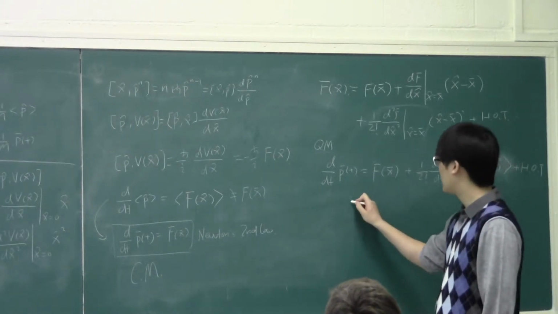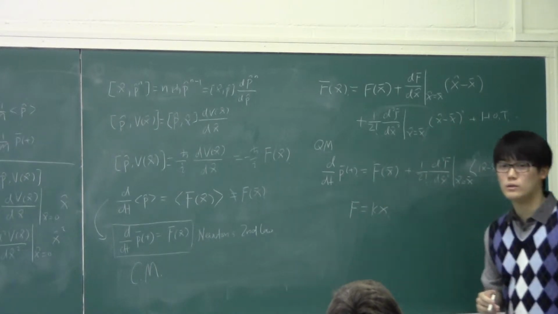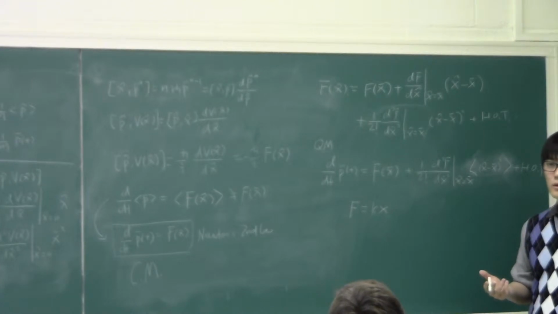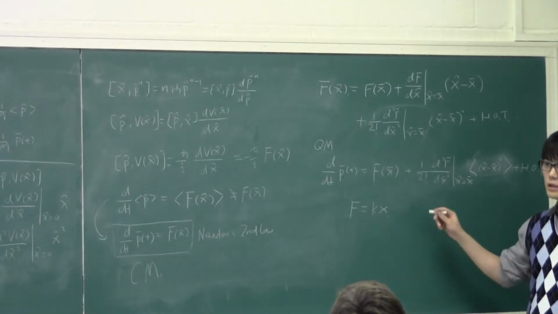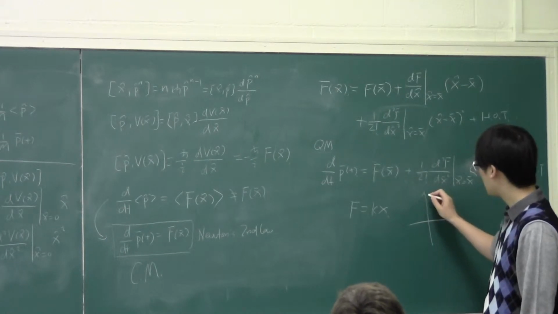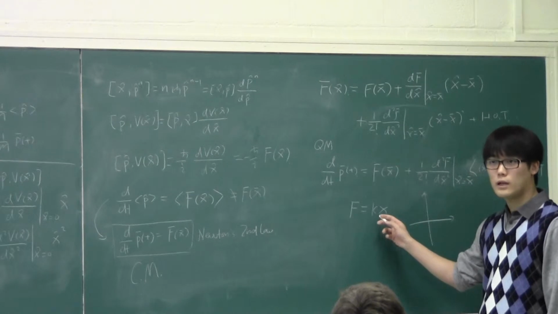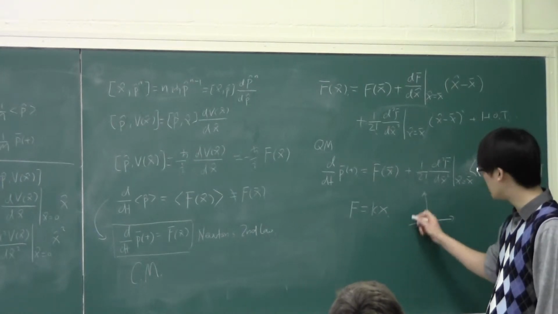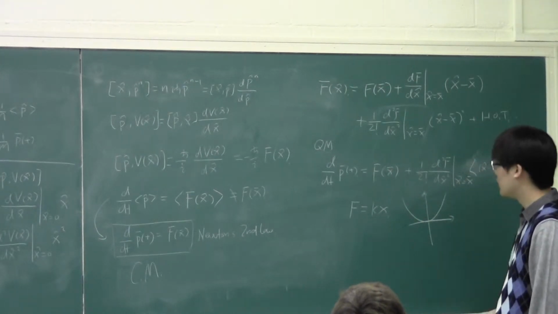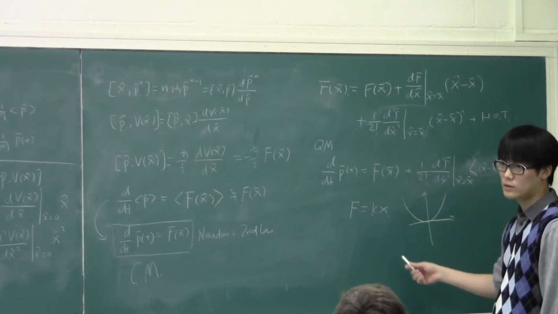Right? So, what is a linear force? I'll say that F is equal to kx. What does that mean? This is harmonic motion, a harmonic oscillator. Since the force is linear in x, the potential will be quadratic in x. So for quantum mechanics, this is why the harmonic oscillator is interesting.